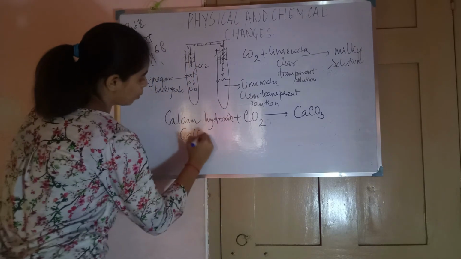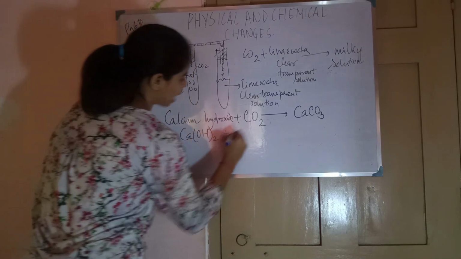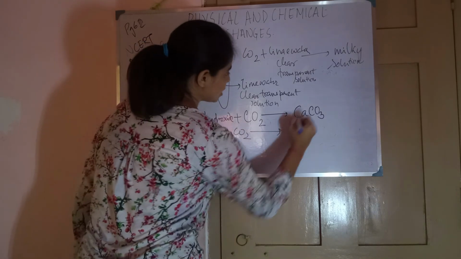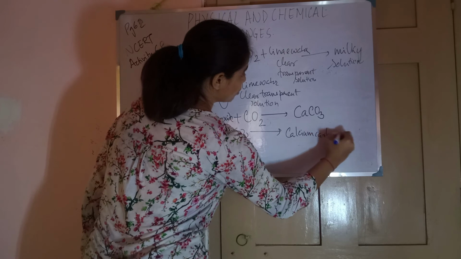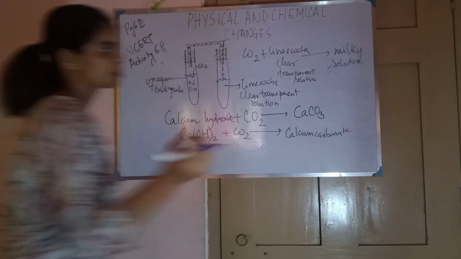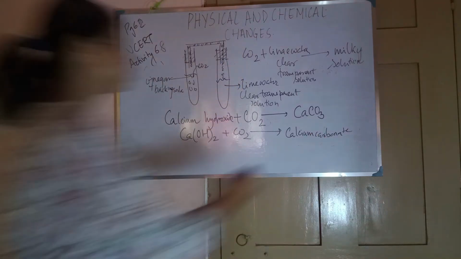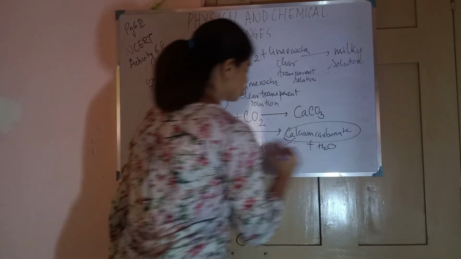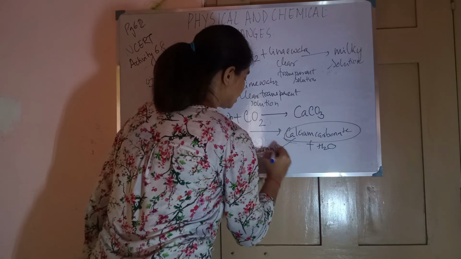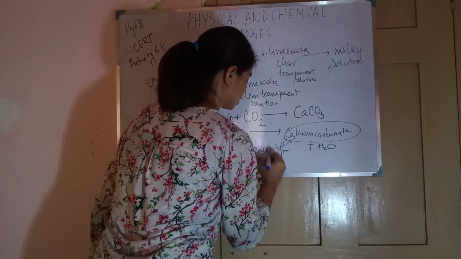So calcium hydroxide is reacting with carbon dioxide. It gives us what? Calcium carbonate. Calcium carbonate means marble-type substances. And water. This calcium carbonate is actually the reason for the milkiness in the solution.